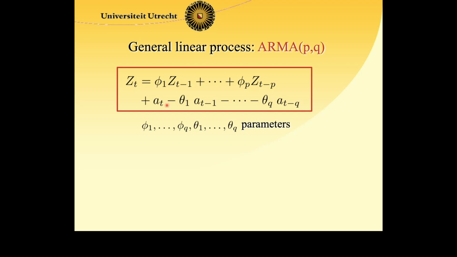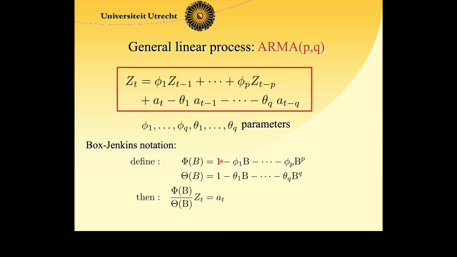So we have p autoregressive terms, and we add to that q moving average terms. And if we define the polynomials like this, phi as a function of B, or theta as a function of B, polynomial of order p or polynomial of order q, a shorthand notation of this ARMA(p,q) process looks like this.